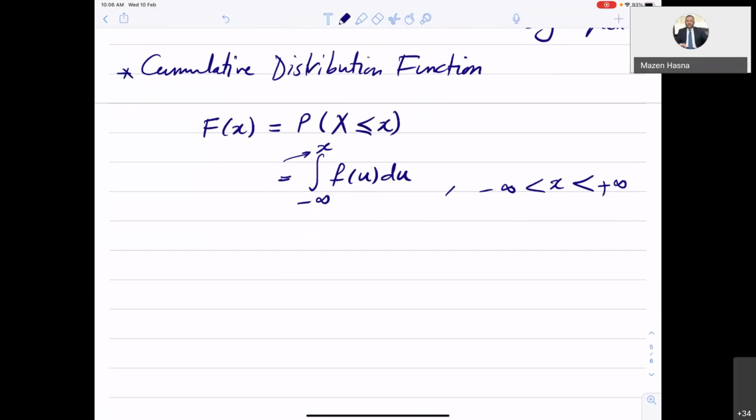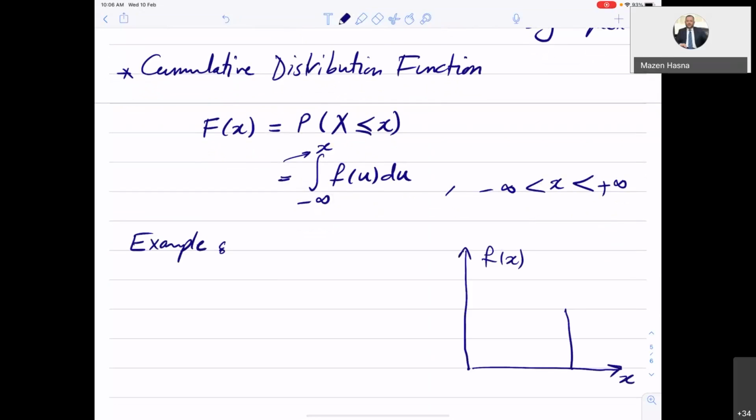Let's do an example. So given this small f of x, which, as we will see, will be a uniform distribution.